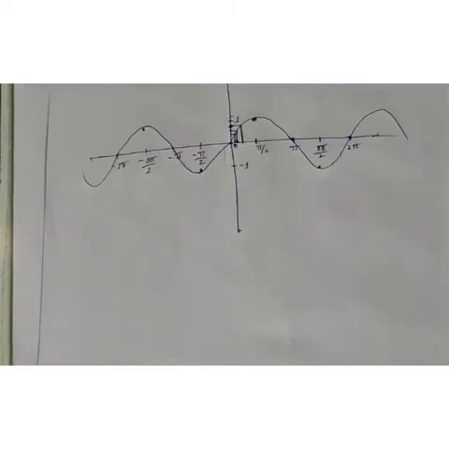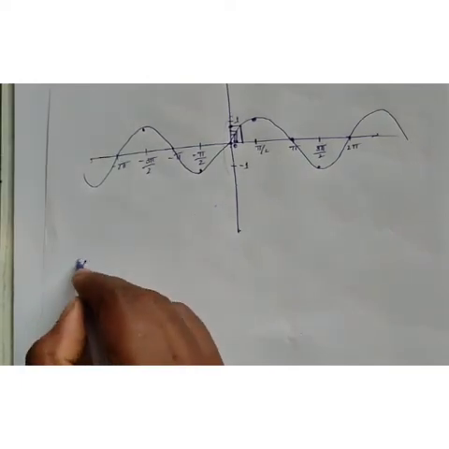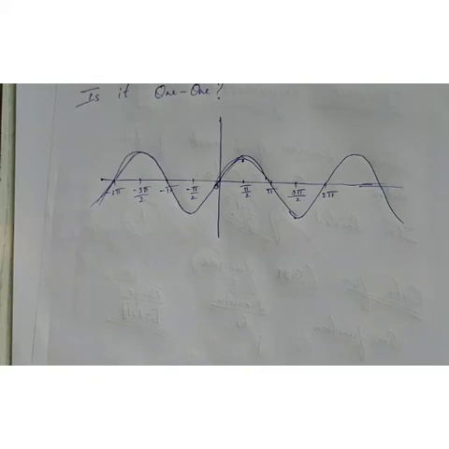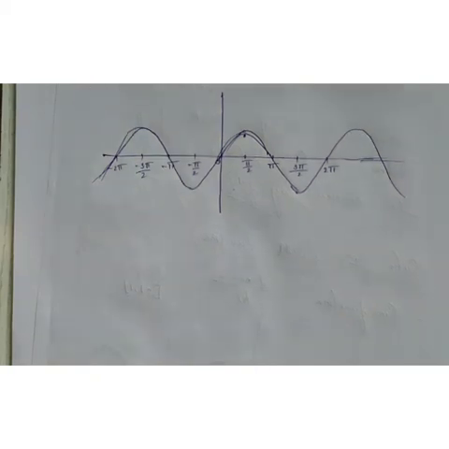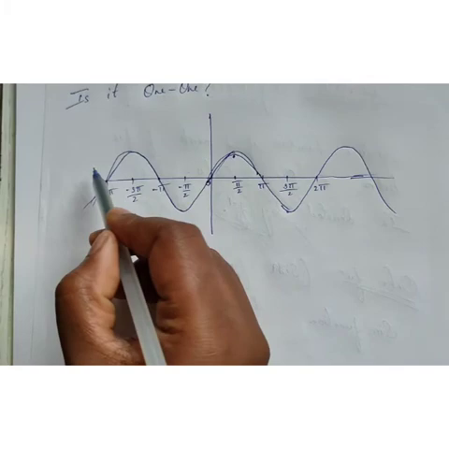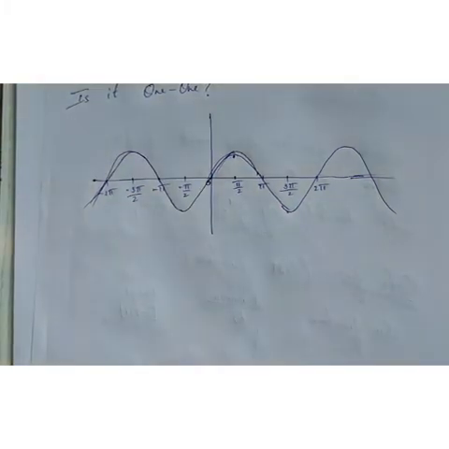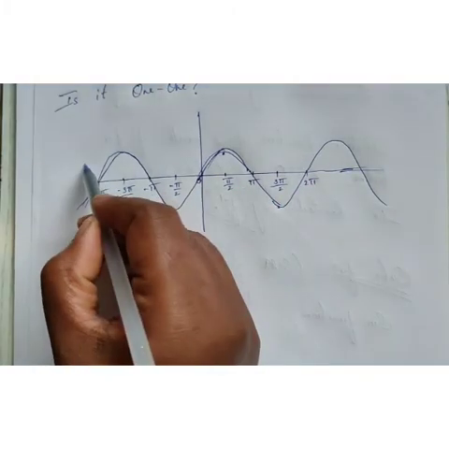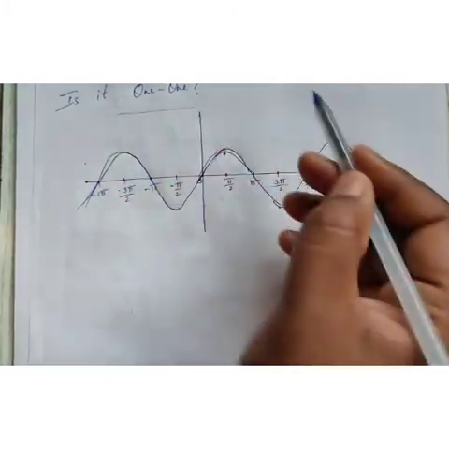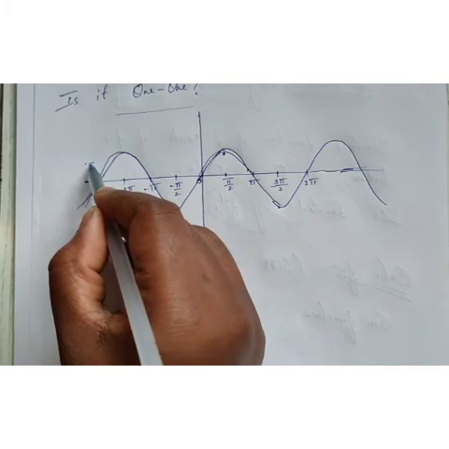We shall move on to the next condition, to check whether it is 1-1. To check 1-1, let's consider a horizontal line and place it on the graph like this.